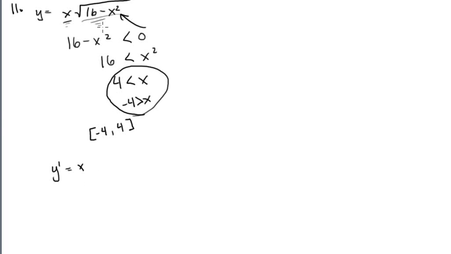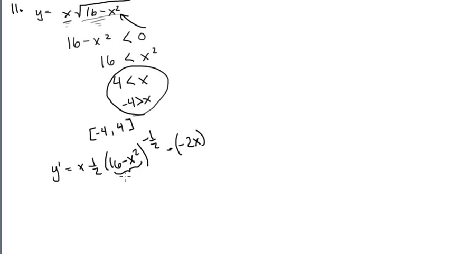We will bring down the 1/2 power of the square root of 16 minus x squared and reduce this power by 1, so we will have negative 1/2, and by the chain rule, we also have to find the derivative of this inner function, and that is going to be: derivative of 16 is 0, derivative of minus x squared is negative 2x.